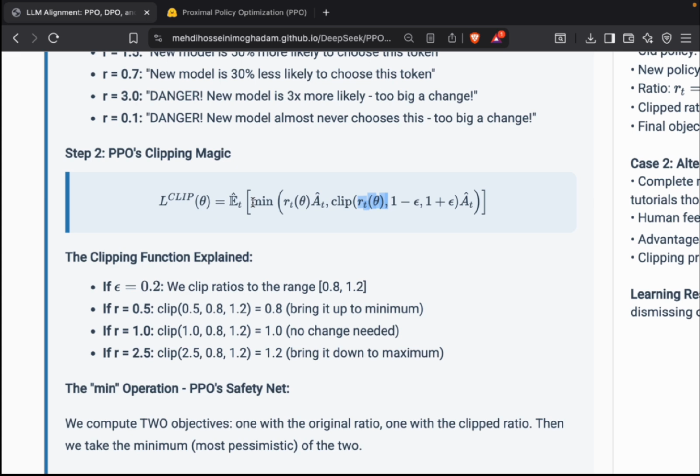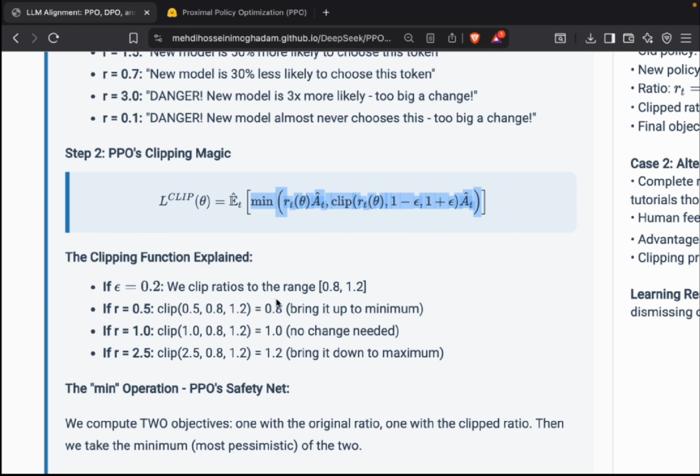We put it into this minimum function: 0.5, 0.8, 1.2. 0.5 is less than 0.8, so we bring it up to 0.8.